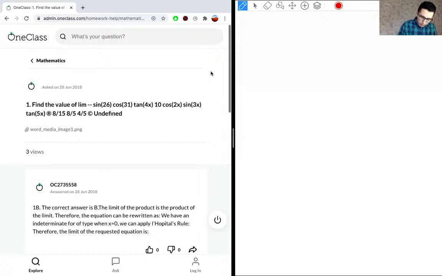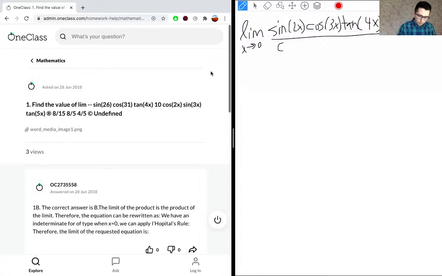So we're trying to evaluate the limit as x goes to 0 of sine 2x, cos 3x, tan 4x, over cos 2x, sine 3x, and tan 5x.